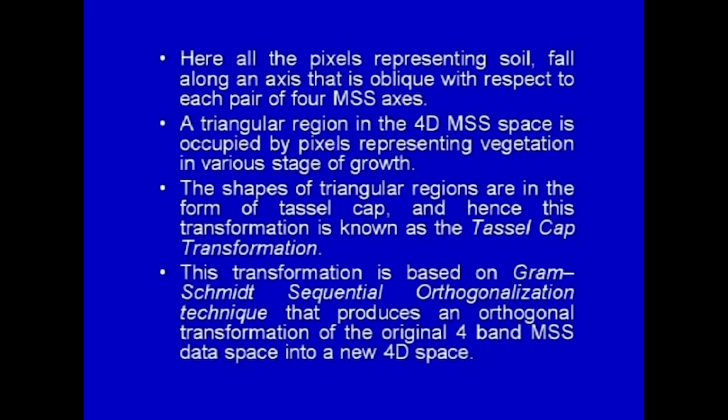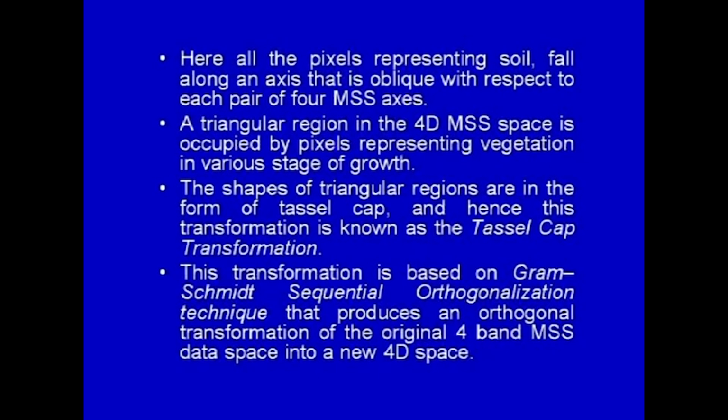Here, all the pixels representing soil fall along an axis which is oblique with respect to each pair of the 4 MSS axes. A triangular region in the 4-dimensional MSS space is occupied by pixels representing vegetation in various stages of growth.